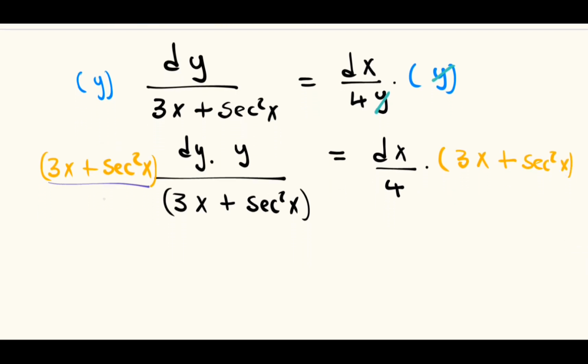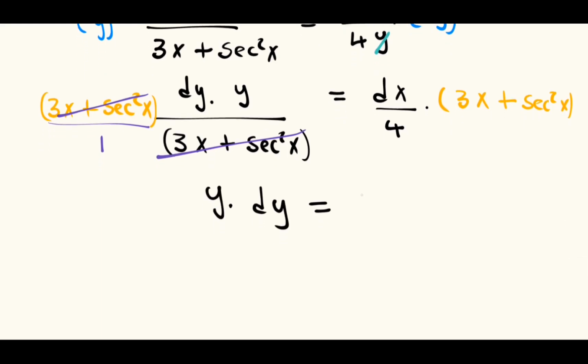We expect that the 3x plus sec squared x will cancel out with that 3x plus sec squared x, and we have y multiplied by dy. And on the right hand side we have 1 over 4 multiplied by dx multiplied by 3x plus sec squared x.